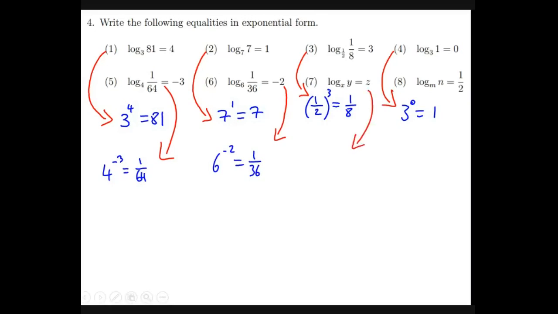Ben. Number 7. Yes. X to the power of Z equals Y. And could Ben please pick the next person? Has Scarlett gone yet? Scarlett? M to the power of half equals n. Awesome. Yes.